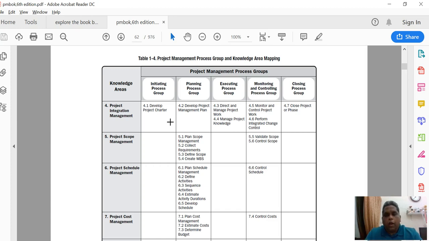So I would like to pick up a template and take you through the template items of a project charter to help you understand the contents of a charter, and I'll give you a brief about each of these deliverables. I hope this approach of taking you through the management deliverables, or the outputs of these processes, would help you appreciate and understand the framework in a better way.